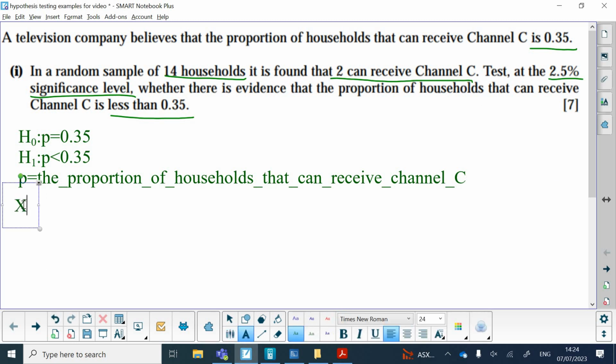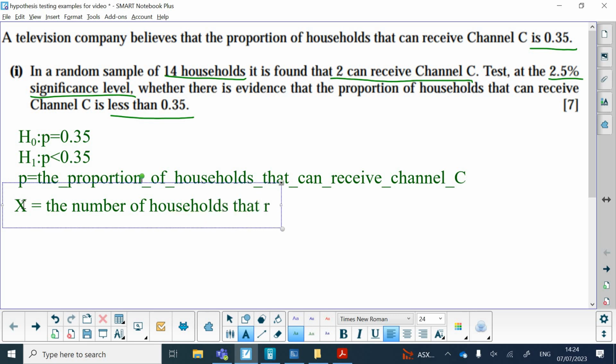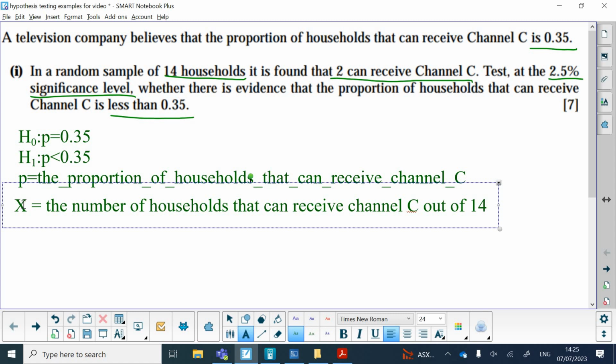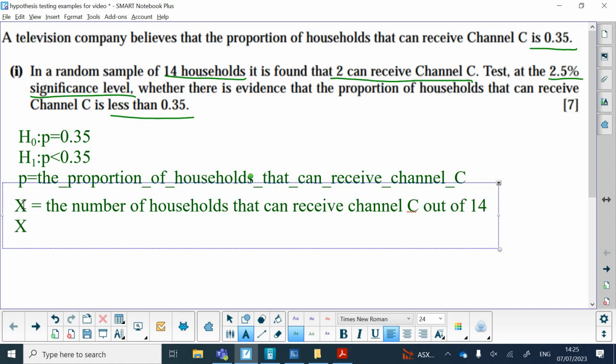I'm saying that X is the number of households that can receive channel C out of 14. And then we can say that we've got a binomial distribution with 14 trials, and the chance of success always comes from the null hypothesis.